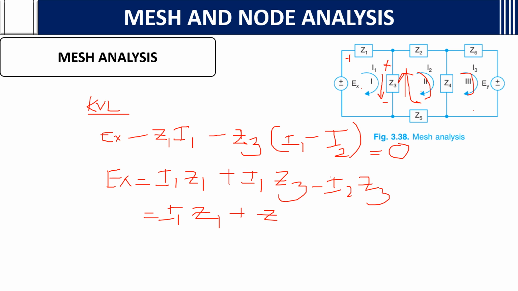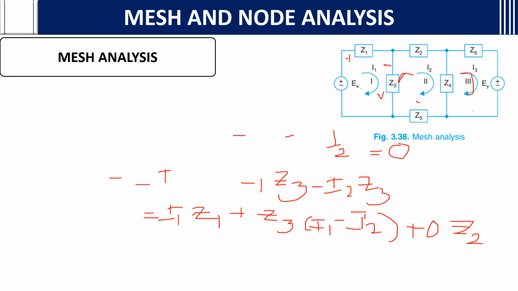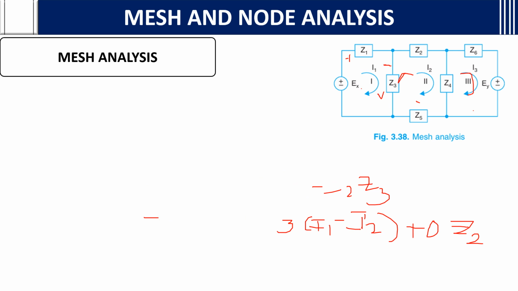Z3 is common, so take Z3 common: I1 minus I2. You don't have a Z2 component, so 0 Z2. In this way we are going to write it, for the first mesh.